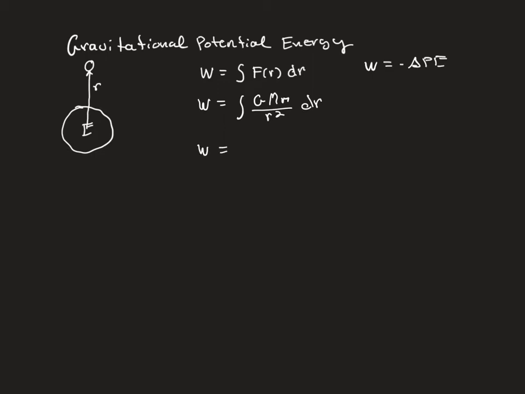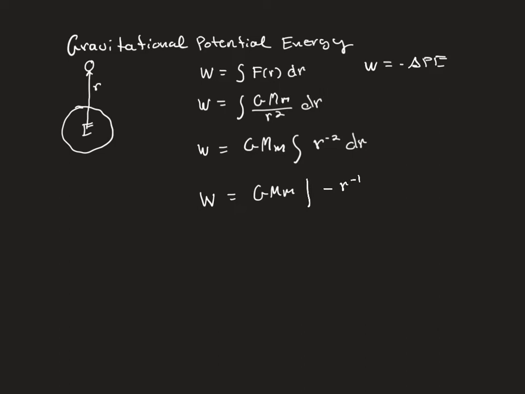So I'm going to pull the G, the M, and the m out front, since those are constants. And I'm going to rewrite 1 over r squared as r to the minus 2. I just find doing integrals a little easier that way. So we end up with a negative r to the negative 1 power, because we added 1 and then divided.